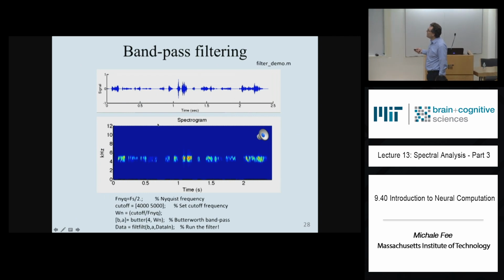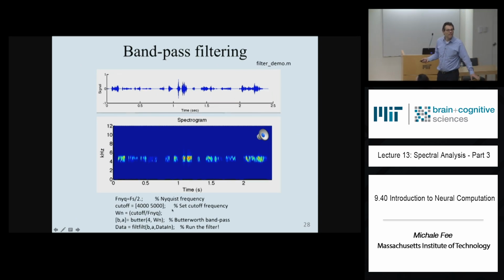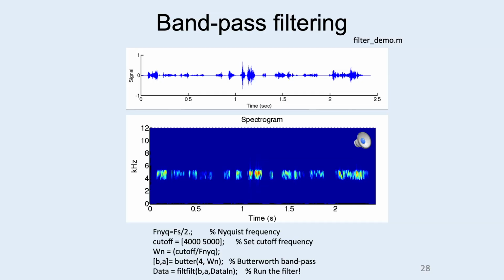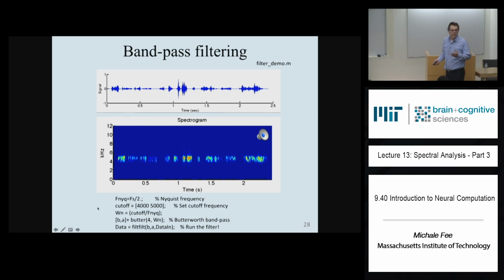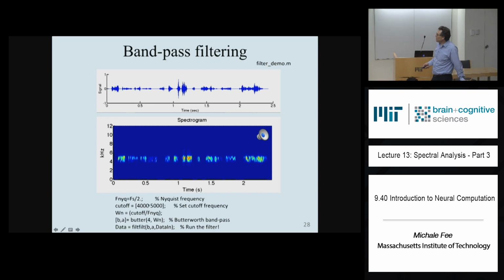Okay, you can also do band pass. A band pass does a high pass and a low pass together. So now you're filtering out everything above some number and below some number. And here we give it a cutoff with two numbers. So it's going to cut off everything below 4 kilohertz and everything above 5 kilohertz.